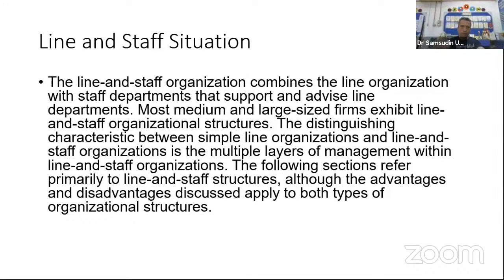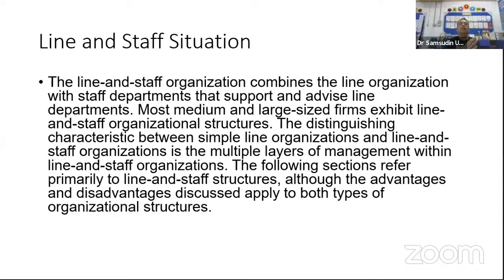Remember again, staff situation is more focused on routine work, routine administration, for example. And line is more on the operational. So sometimes there is a cross. For example, most medium and large size firms exhibit a line and staff structure.